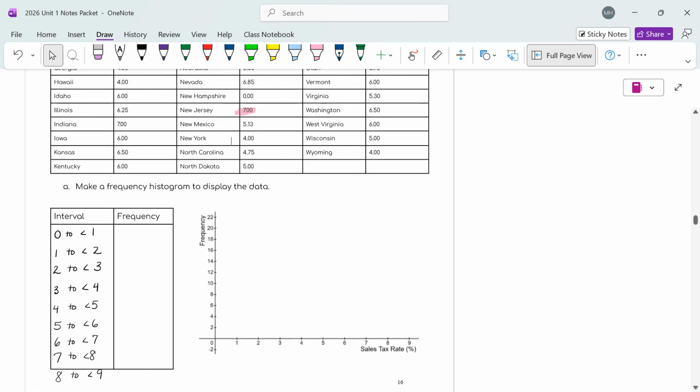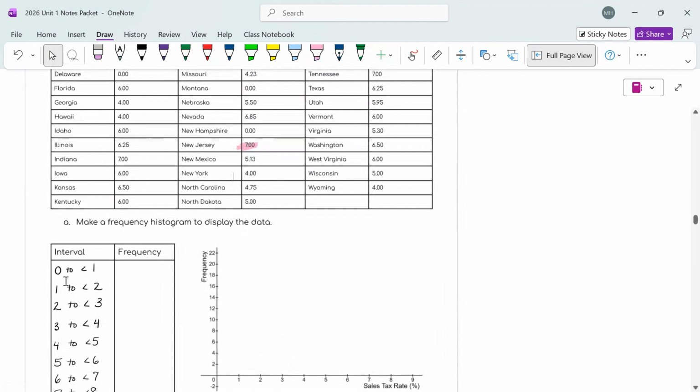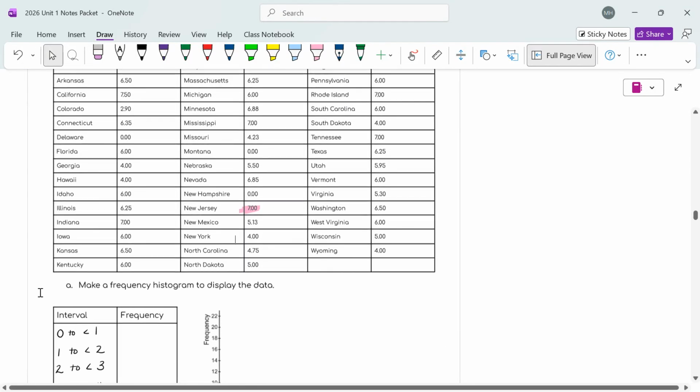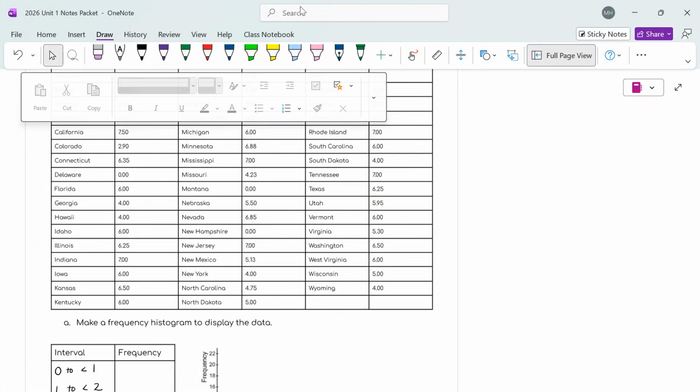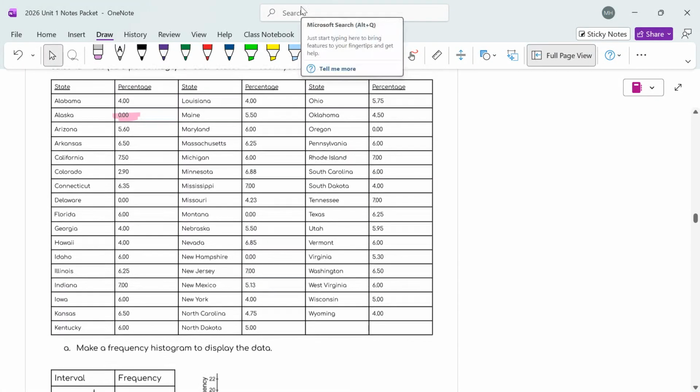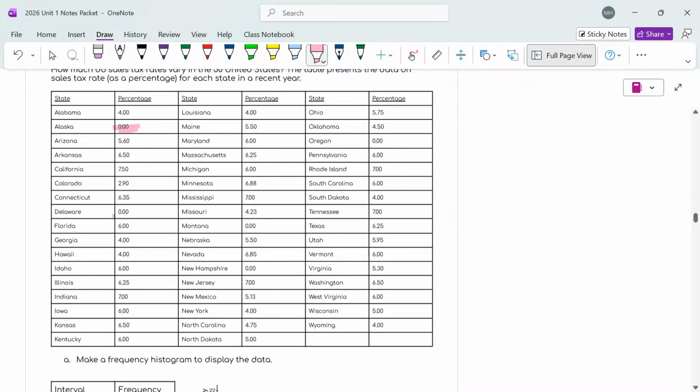So I'm going to go through here and count. How many times do I see anyone in the 0 to 1 interval? That would be, let's see, in the 0 to 1 interval, there's Alaska, there's Delaware, there's Montana, New Hampshire, Oregon. 1, 2, 3, 4, 5.